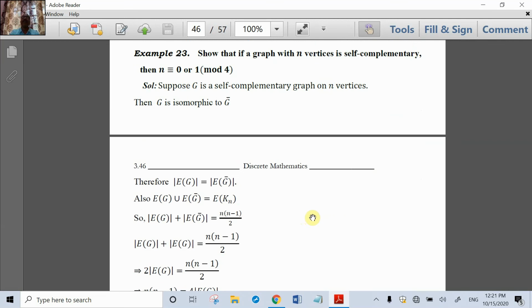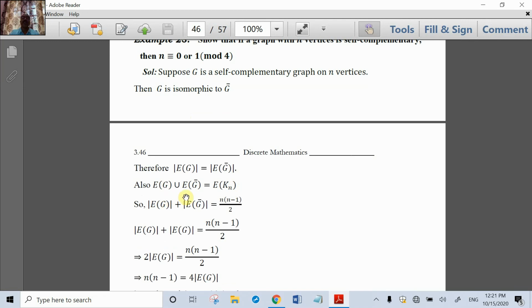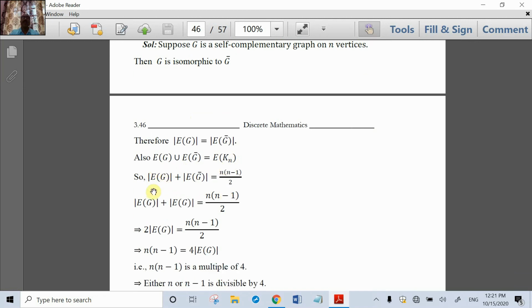Now, if a graph with n vertices is self-complementary, then n is congruent to 0 or 1 mod 4. If it is self-complementary, you know G is isomorphic to G bar. Number of edges in G is same as number of edges in G bar. Now, E of G union E of G bar equal to E of Kn. That number is n into n minus 1 by 2.